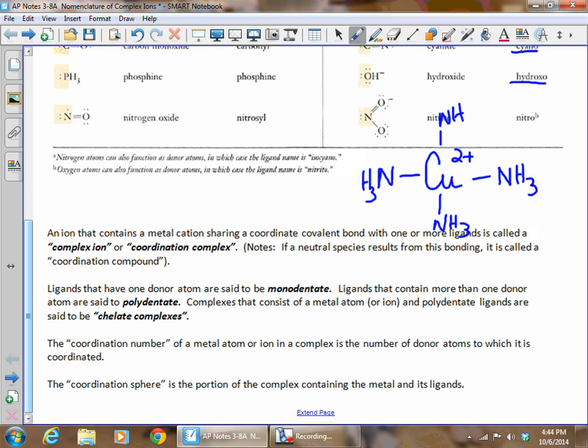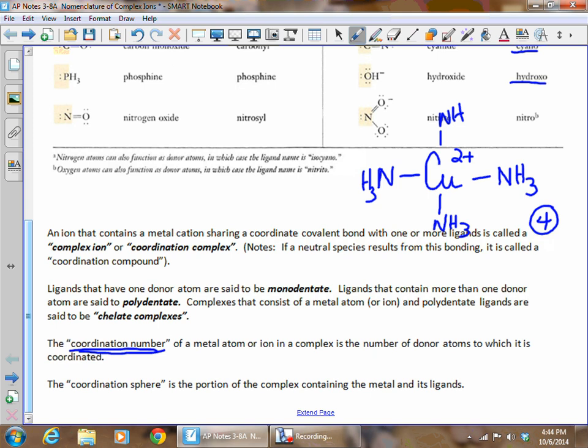The number of donor atoms, or species with donor atoms in them, or ligands that will attach to one of these cations, is called the coordination number. So for instance, this particular species would have a coordination number of 4, since 4 ammonias can attach around that copper cation.